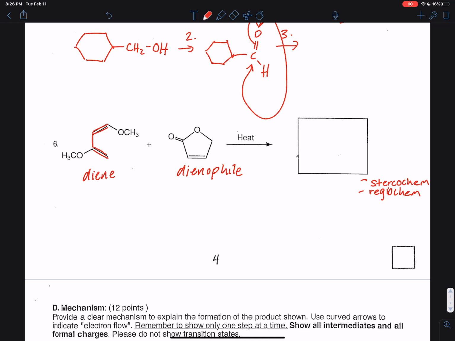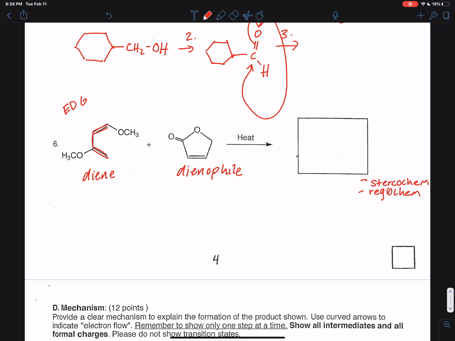So what does it want to have attached to it? Electron donating groups. You'll see maybe in the notes she'll put D, or DG, or something to indicate that you have electron donating groups. And electron donating groups, like the name tells you, donate electron density.